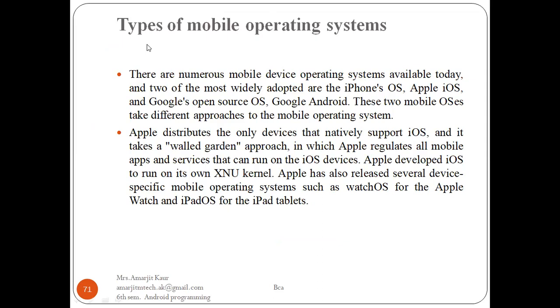Apple distributes the only devices that natively support iOS, and it takes a walled garden approach in which Apple regulates all mobile apps and services that can run on the iOS devices. Apple developed iOS to run on its own XNU kernel. Apple has also released several device-specific mobile operating systems, such as Watch OS for Apple Watch and iPad OS, iPad operating system for iPad tablets.